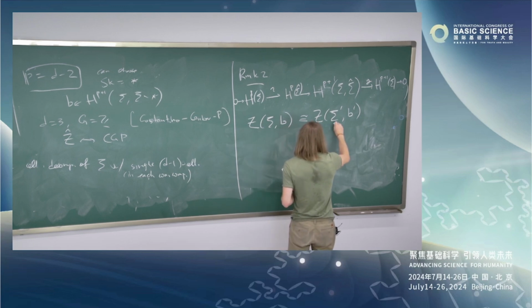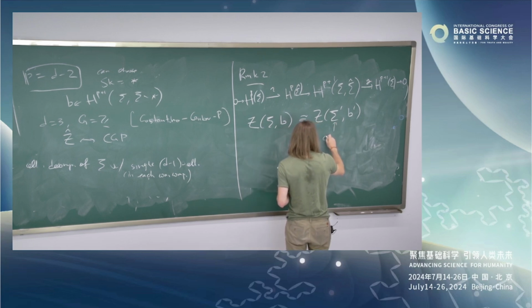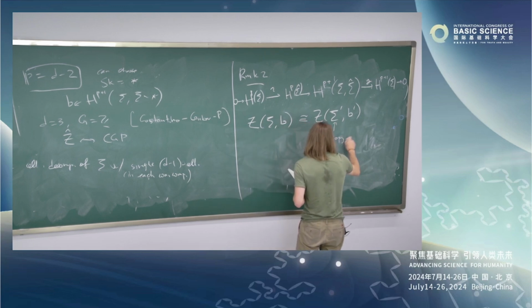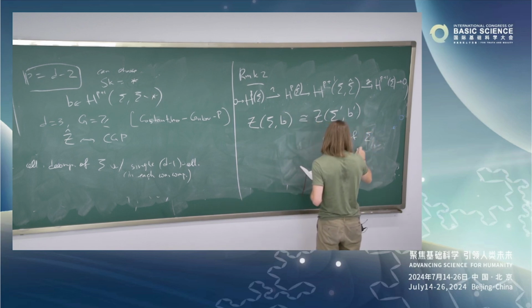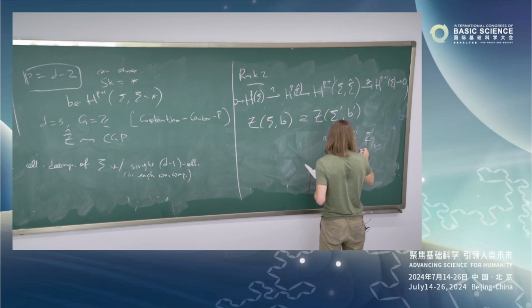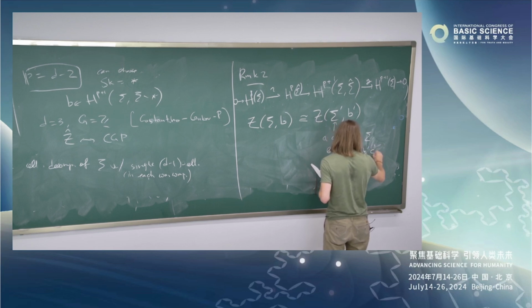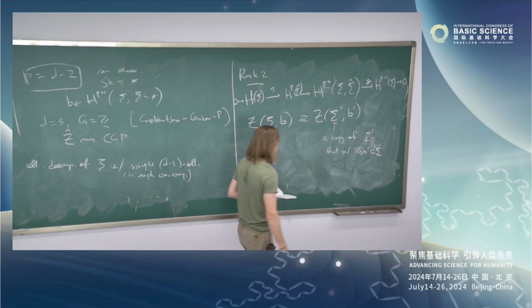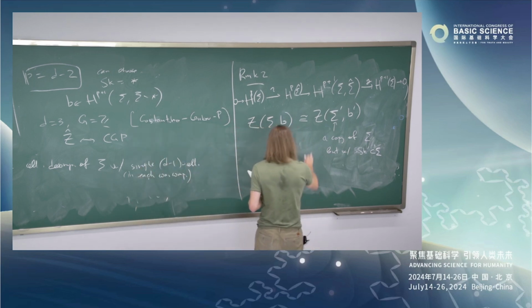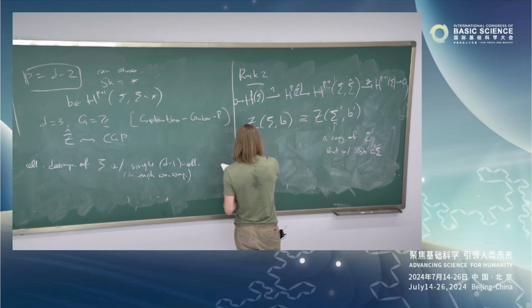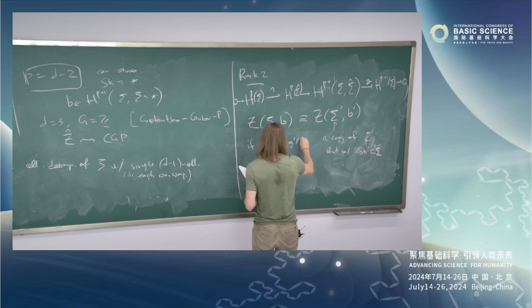Here we choose sigma prime as a copy of sigma, but with a possibly different skeleton sk prime inside. This is isomorphic if g of b is equal to g prime of b prime.